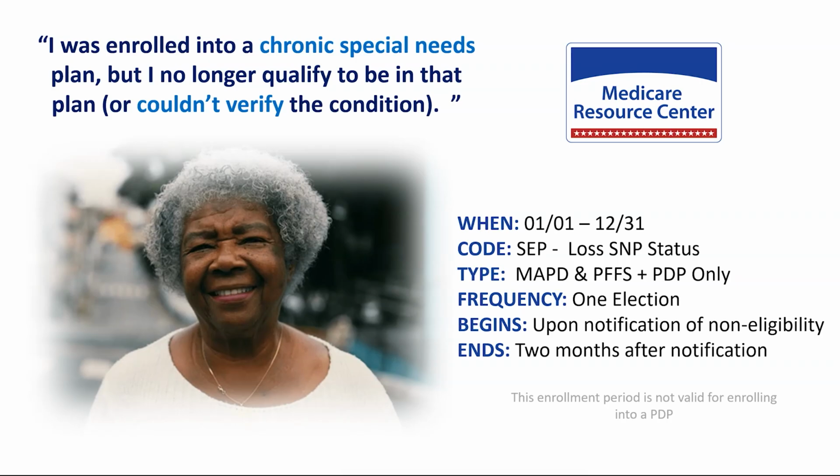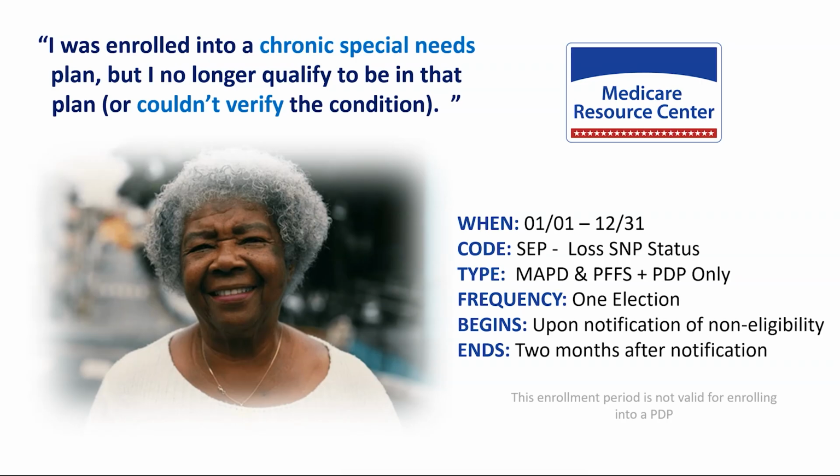You don't have the diabetes like we thought you did. You don't have the heart condition like I thought you did. Well, that actually opens another special enrollment period. They get one election, and when they get that letter of non-eligibility, that's when the enrollment period begins, and it ends 2 months after that notification. Pretty interesting.